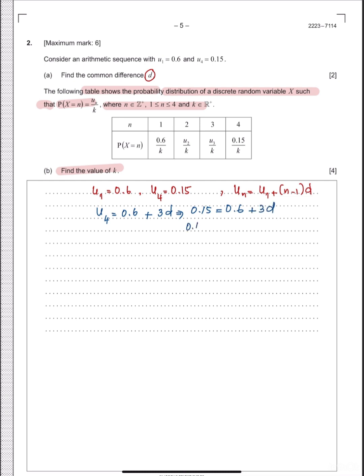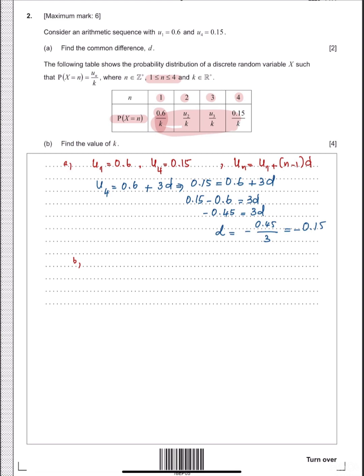So 0.15 minus 0.6 equals 3d. That will be negative 0.45 equals 3d, and that means d equals negative 0.45 over 3, and that will be negative 0.015. So after that, d equals negative.